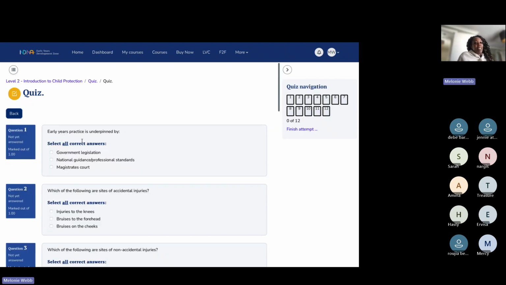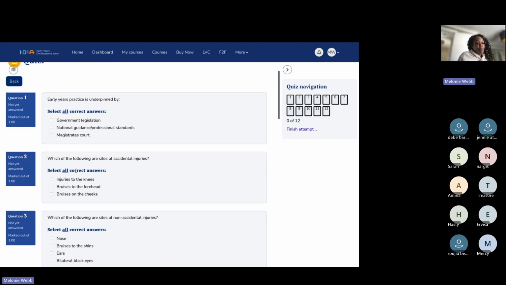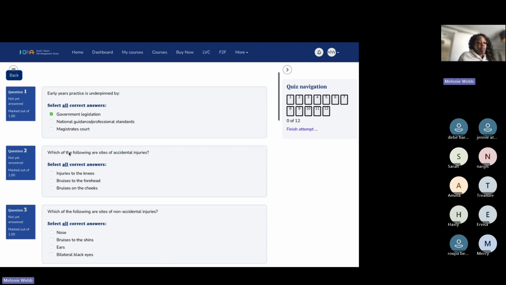Early years practice is underpinned by government legislation, national guidance, or magistrates' courts. One, two, or three. One. Which of the following are sites of accidental injuries? Injuries to the knees, bruises to the forehead, bruises on the cheeks.